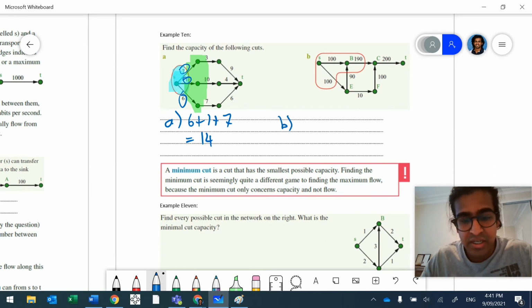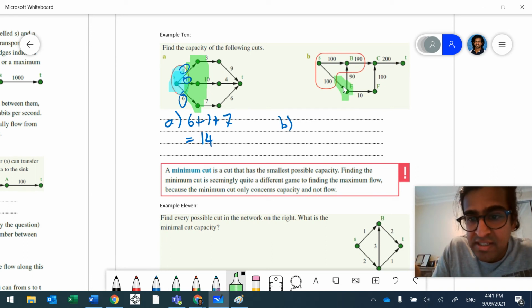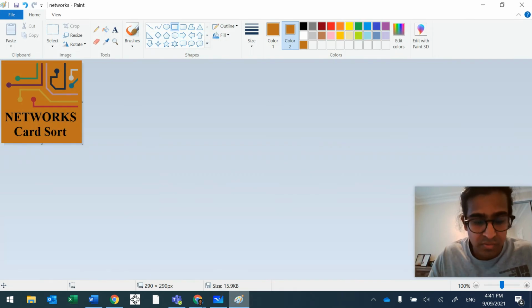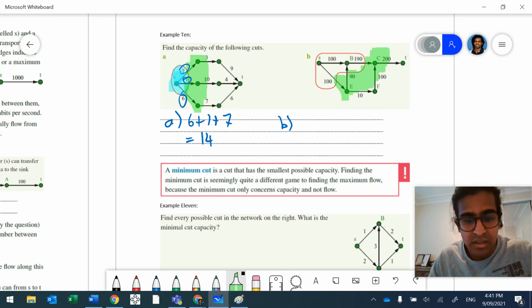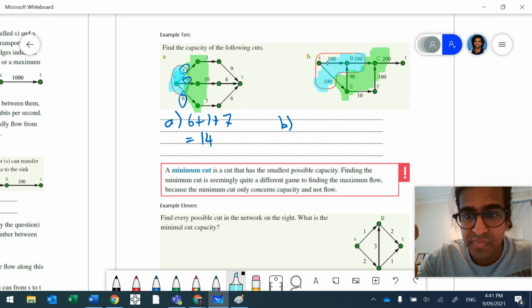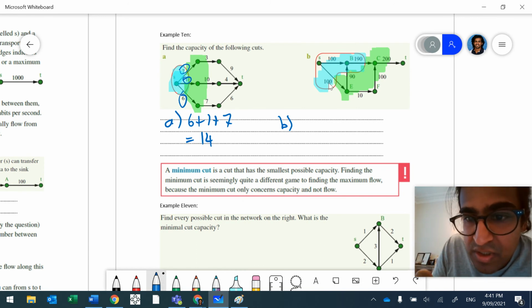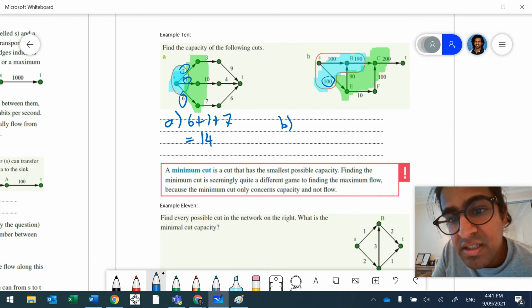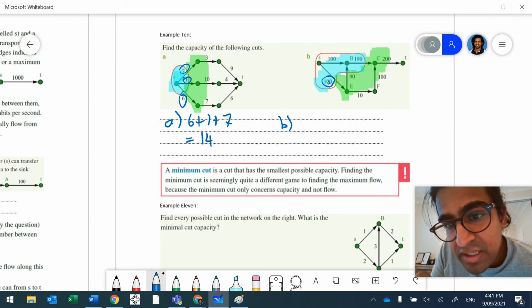Same idea over here. We've got the sink side, and then we've, of course, got the source side here. So we ask ourselves, with this one, is our cut flowing from the source to the sink? Yes, it is. So we follow the line of the cut and we can see it also cuts this edge here. Does this go from the source to the sink? No, it doesn't. This goes from the sink to the source, so we don't include that one.